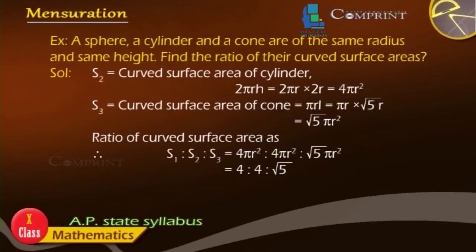S3 is equal to curved surface area of cone is equal to pi r l is equal to pi r into square root of 5 r is equal to square root of 5 pi r square. Ratio of curved surface area, therefore, S1 is to S2 is to S3 is equal to 4 pi r square is to 4 pi r square is to root 5 pi r square is equal to 4 is to 4 is to root 5.